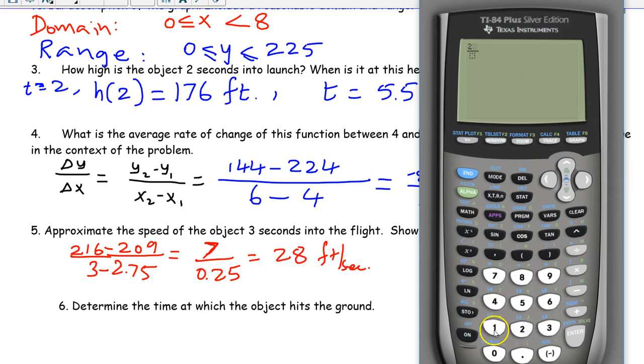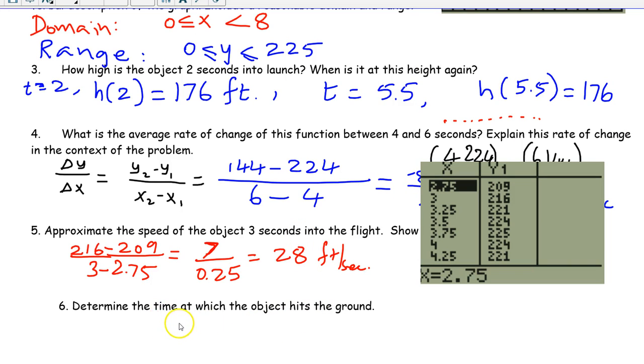On the numerator you have 216 minus 209, and in the denominator 3 minus 2.75. Come out of the fraction, hit enter, that's 28. Okay, 28 you got. You can verify, or you can just use your calculator to find these values.